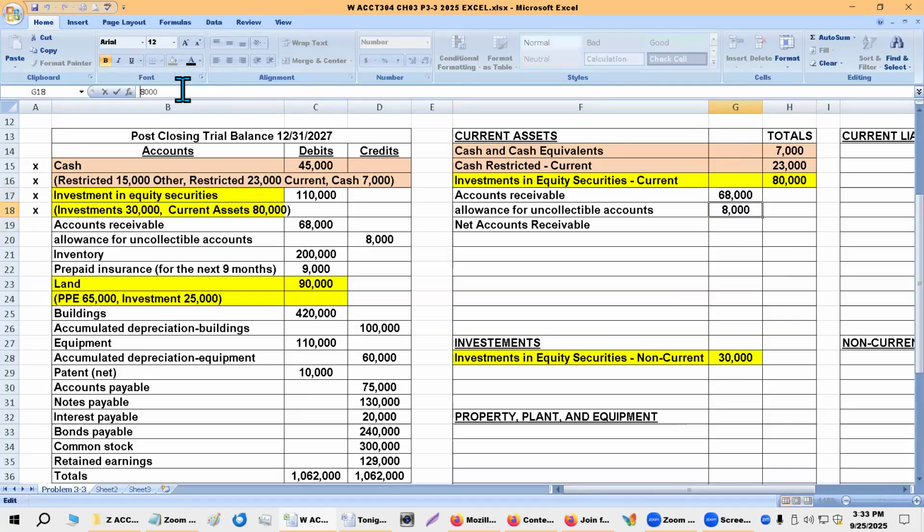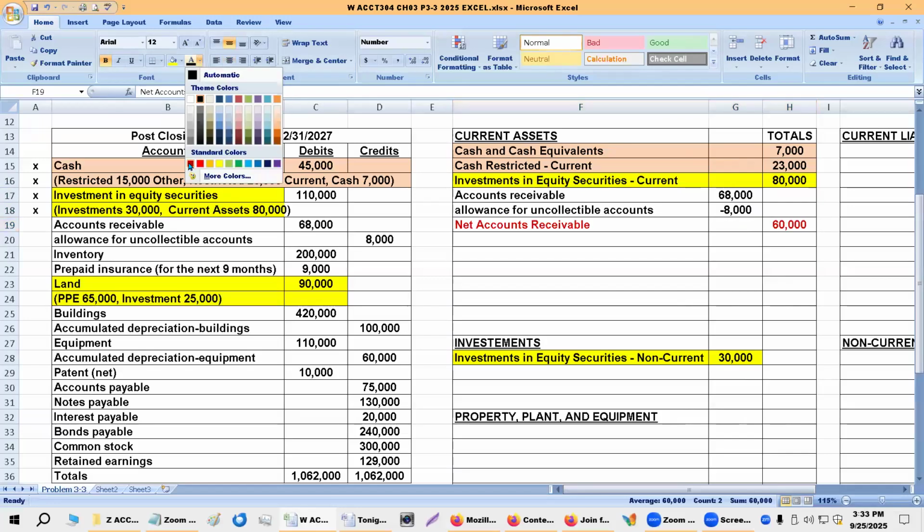I'm going to put that in as a negative. So we're going to tell the reader, look, we don't know who's going to go bad, but somebody likely will.